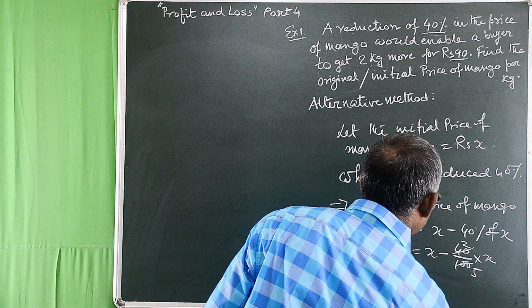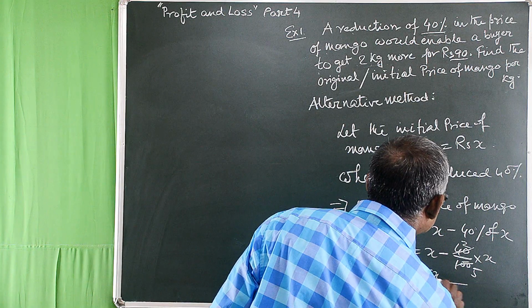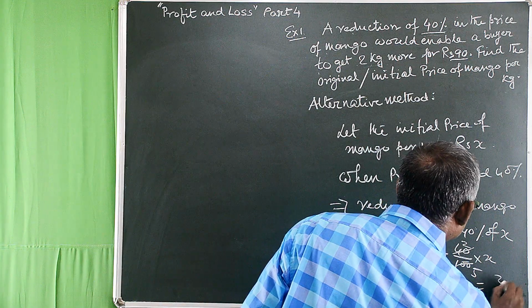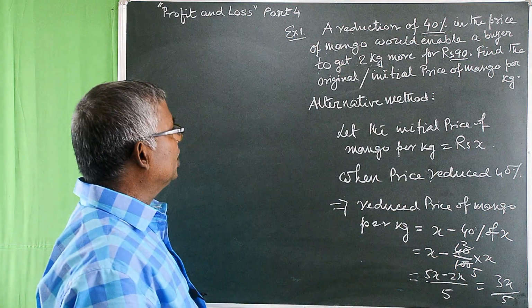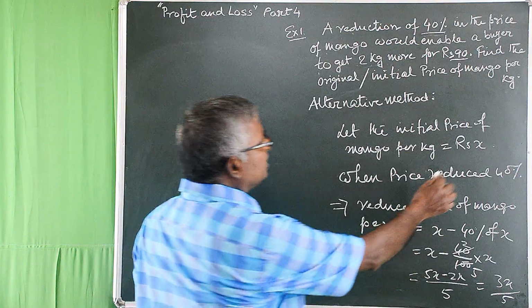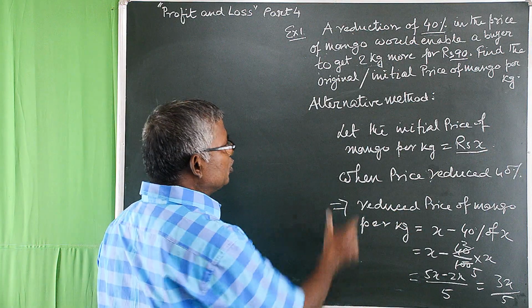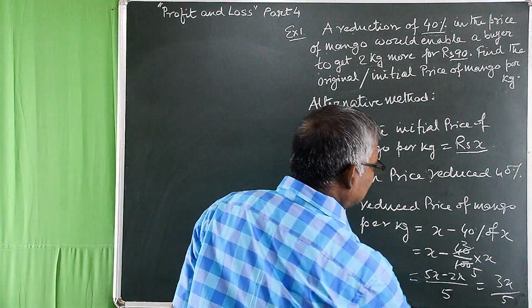This equals, here LCM is 5, 5x minus 2x by 5 equals 3x by 5. Students, here we get the initial price of mango per kilo is rupees X and the reduced price of mango per kilo is 3x by 5.